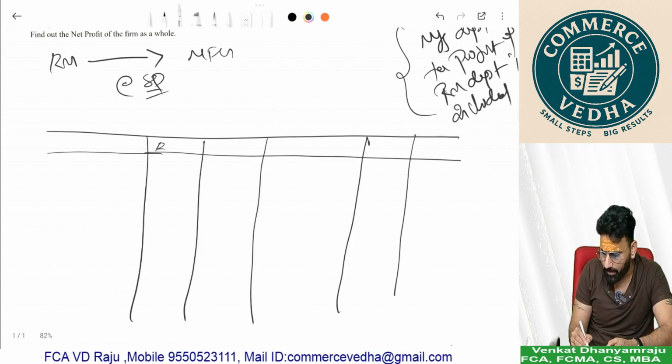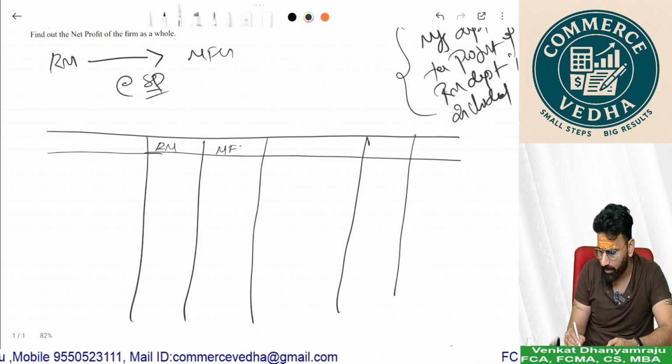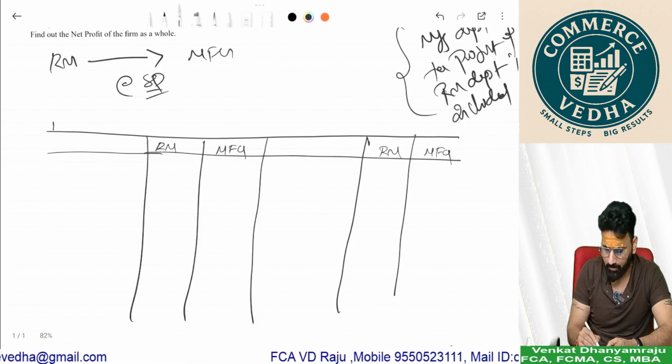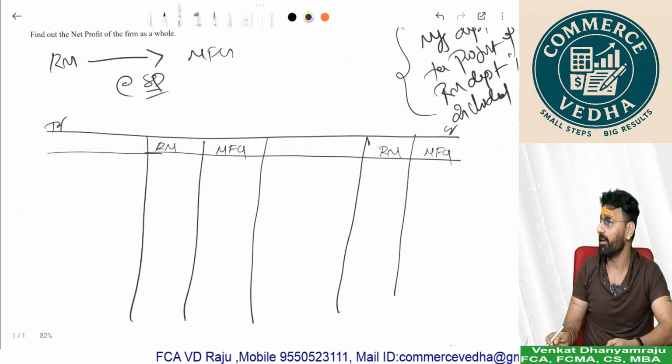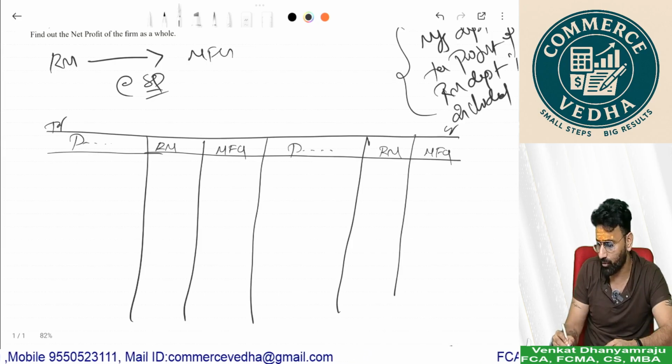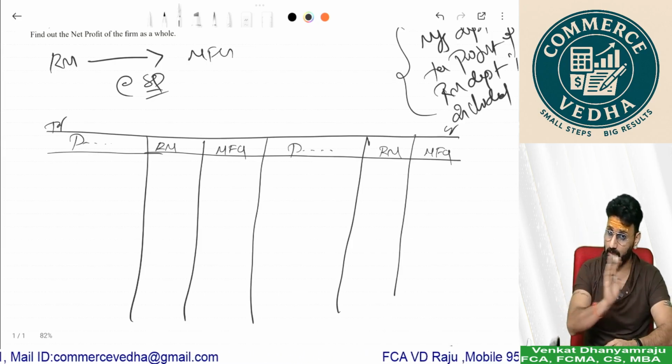This is the raw material department. This is the manufacturing department. Raw material department, manufacturing department, debit and credit. Debits and credits. Now, particulars and particulars. Guys, you need to make sure the presentation is clear.